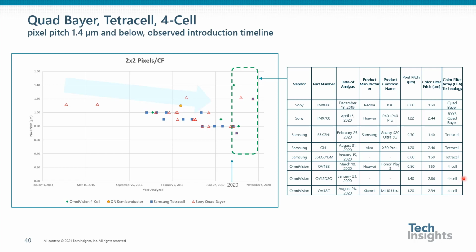So what we can say is that not only this technology has been adopted for a small pixel to enhance the overall sensitivity, but it is also being used for larger pixel pitch where the need for higher signal is there.